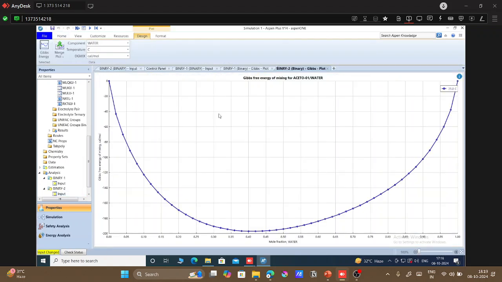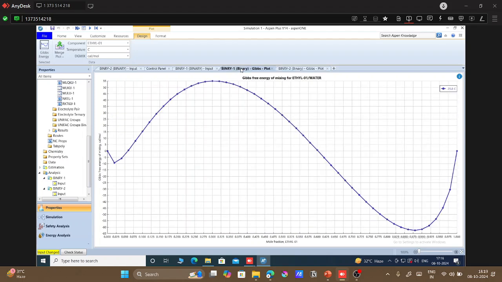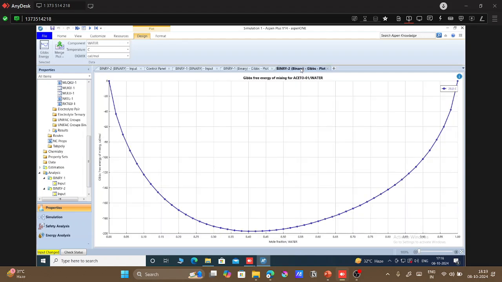You can see the first plot was for the ethyl acetate and water mixture, where over much of the composition range the Gibbs free energy is positive, showing no mixing is possible, while for the complete range of acetone and water the Gibbs free energy is negative, indicating that mixing is possible.